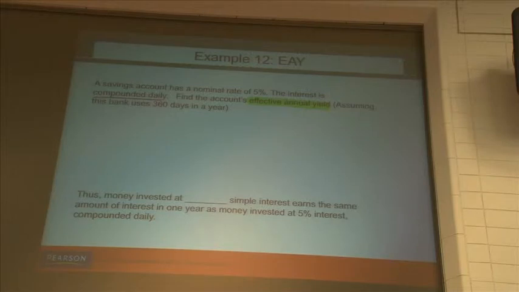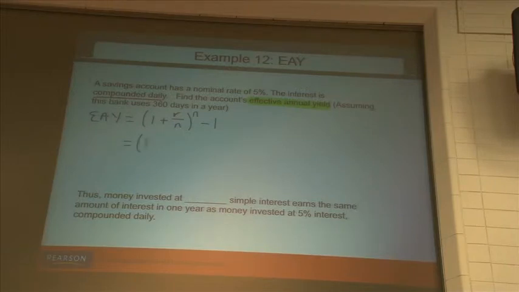Okay. Here's what we do. Use our monthly formula. So the EAY is equal to the quantity of 1 plus R over N, so your rate over the number of times compounded, raised to the nth power minus 1. So there's the formula. Let's plug in.